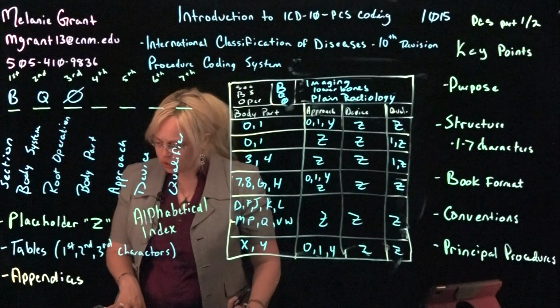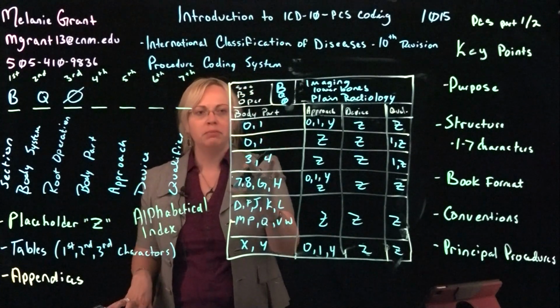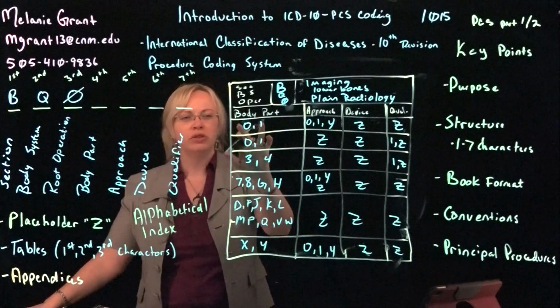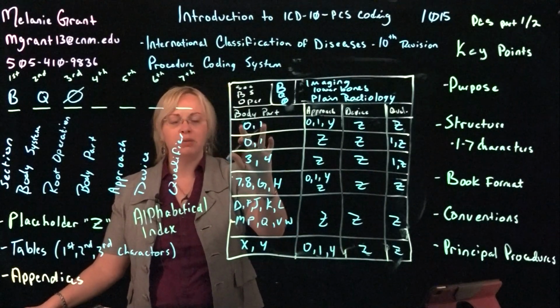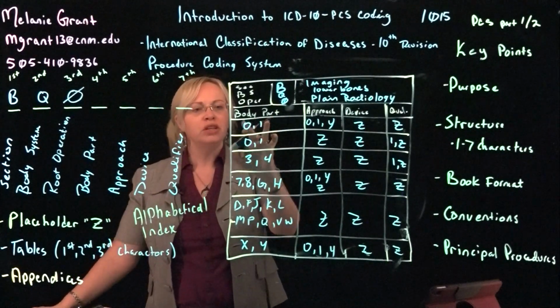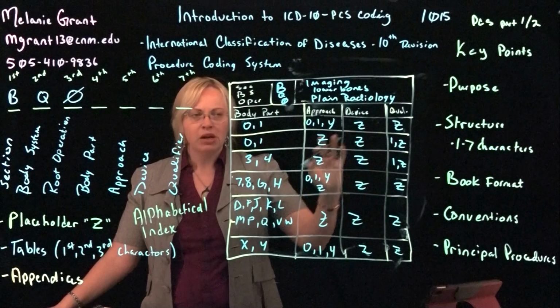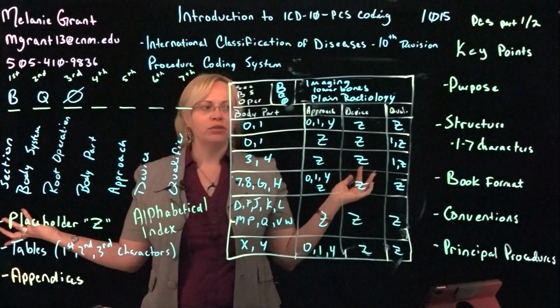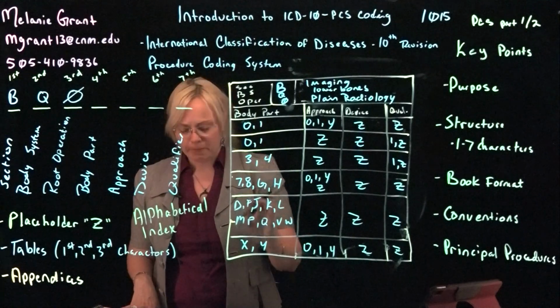And the next thing you want to do is identify which part of the table you're in based off of the body part. So you'll see how some of these repeat. That means if you find the body part is 0 or 1, you'll need to look at both of these tables to see all of the options, because you may end up going, I don't see my option anywhere. Make sure you look up and down.